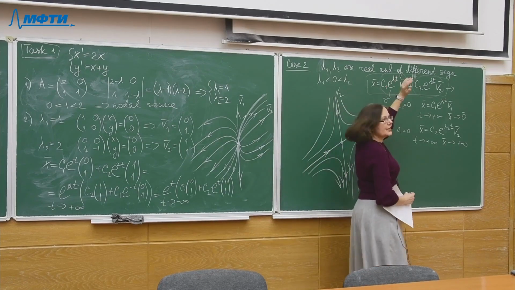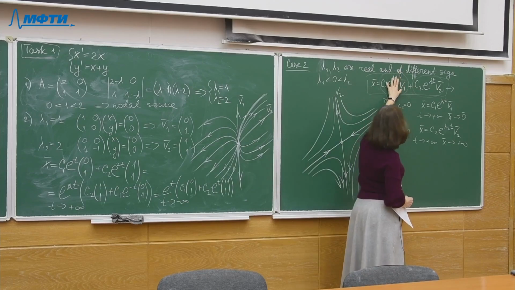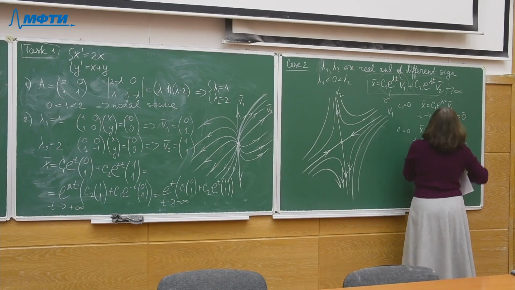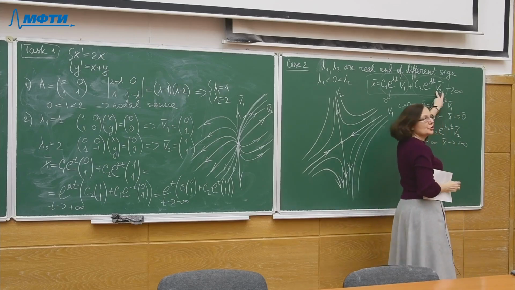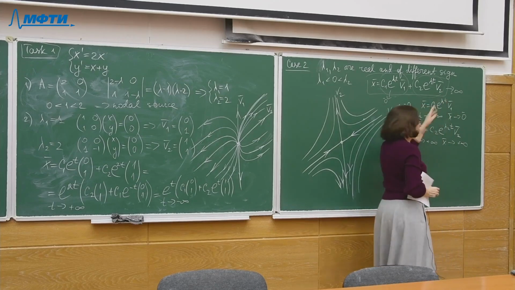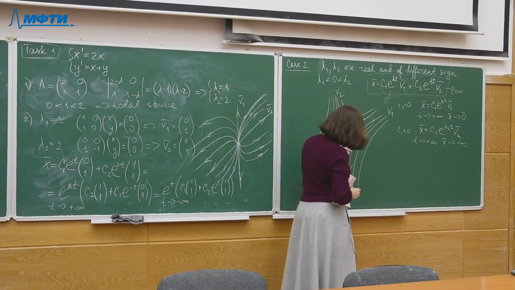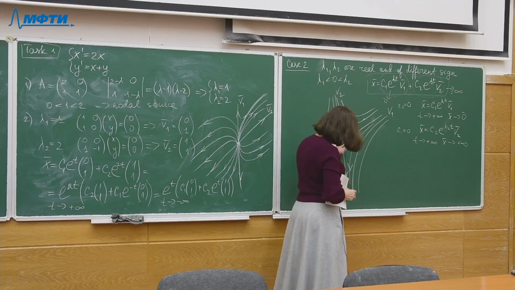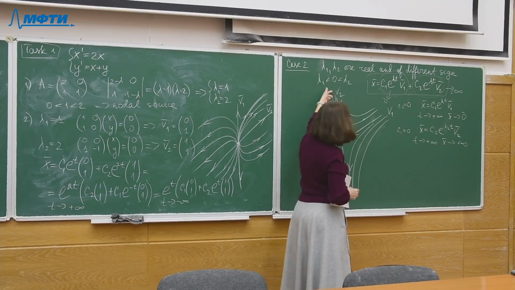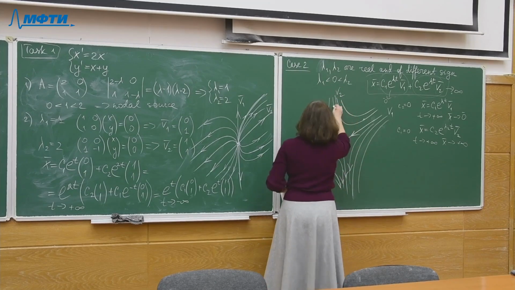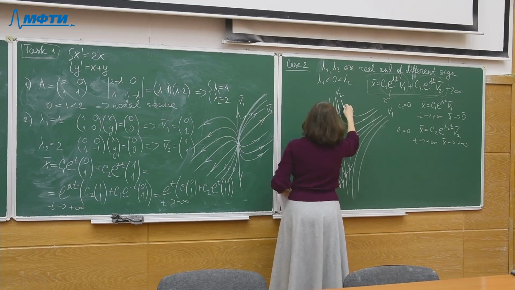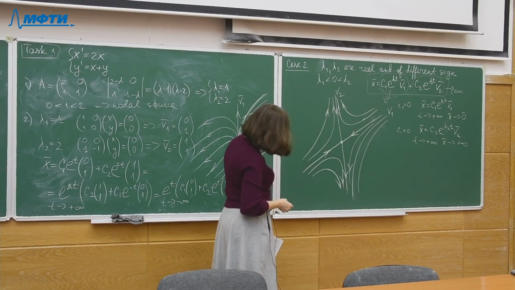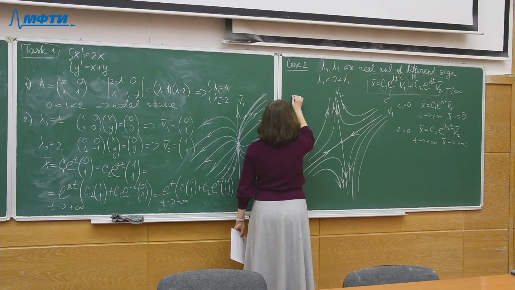Because if t approaches positive infinity, this approaches 0 and this approaches positive infinity, but close to the line through V2. So all the trajectories will asymptotically approach this straight line through V2. So this will be the direction. And this is called a saddle point, saddle.